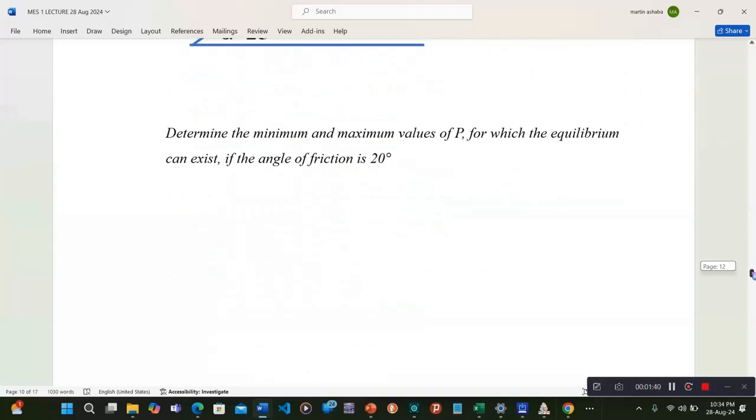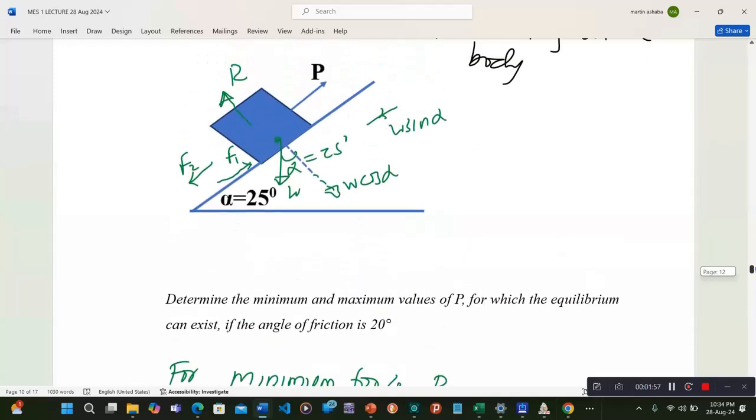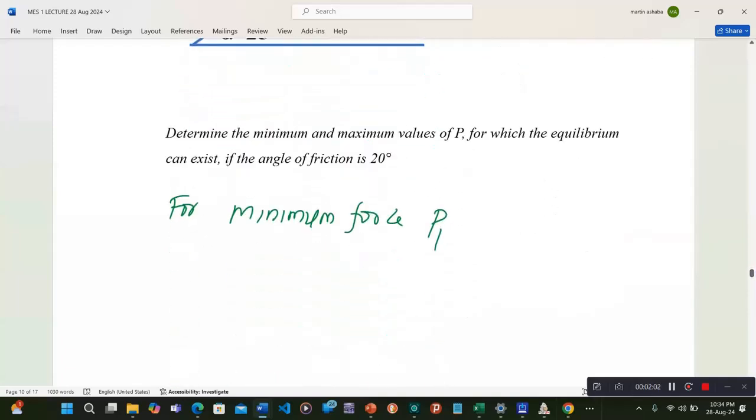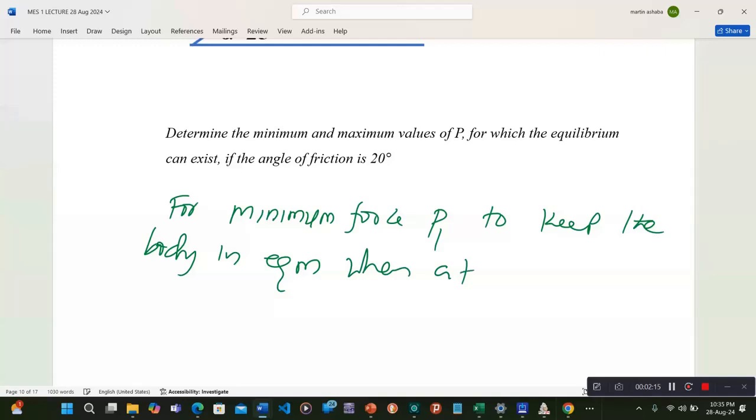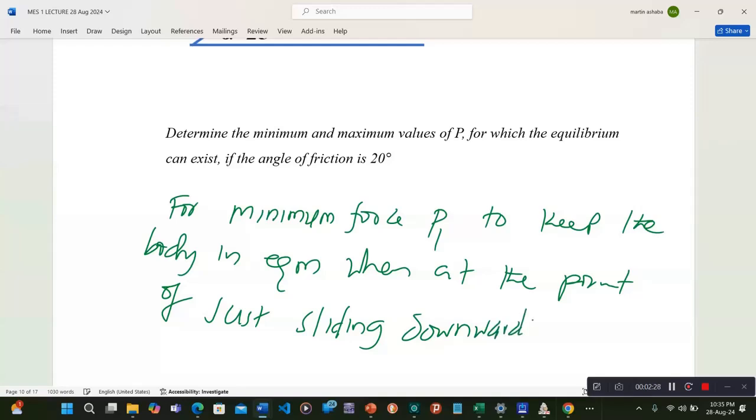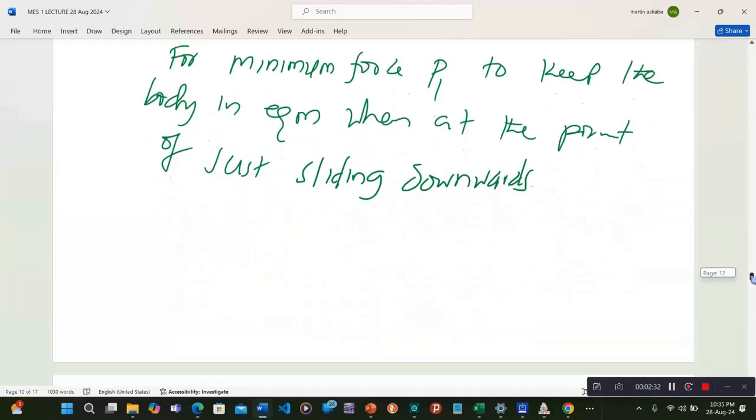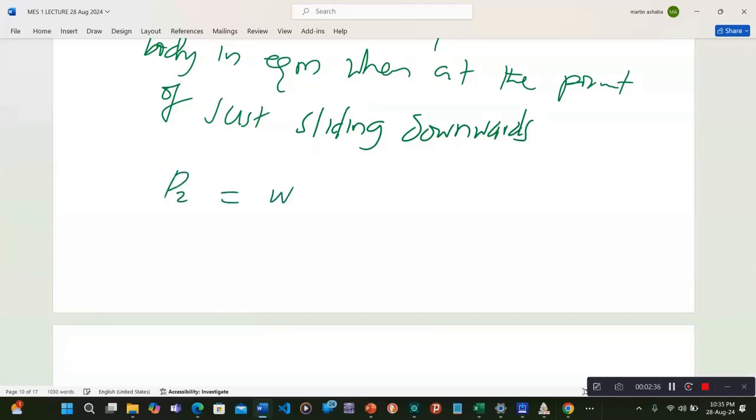But we said for a minimum force P2 to keep the body in equilibrium, when it is at the point of just sliding downwards, that expression is P2, which is equal to W sine of alpha minus phi, divided by cos phi.